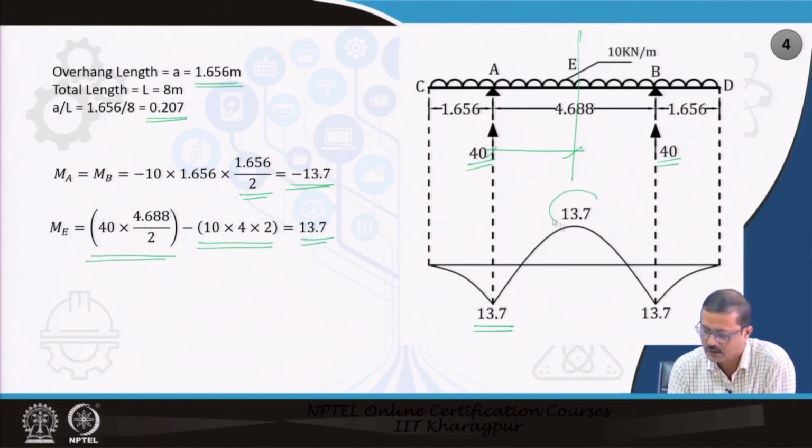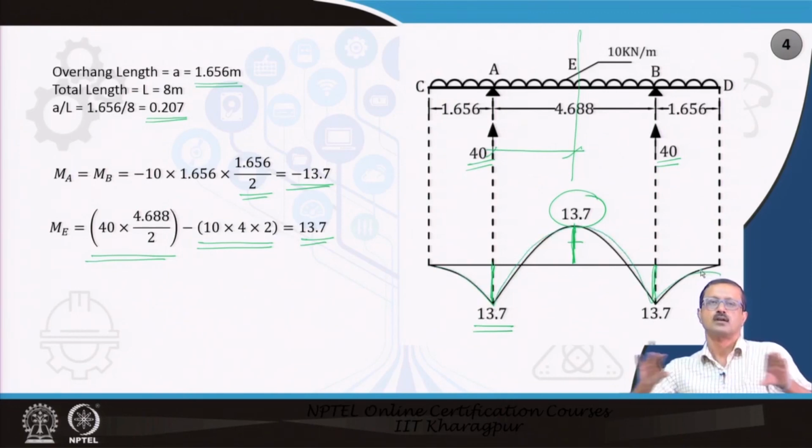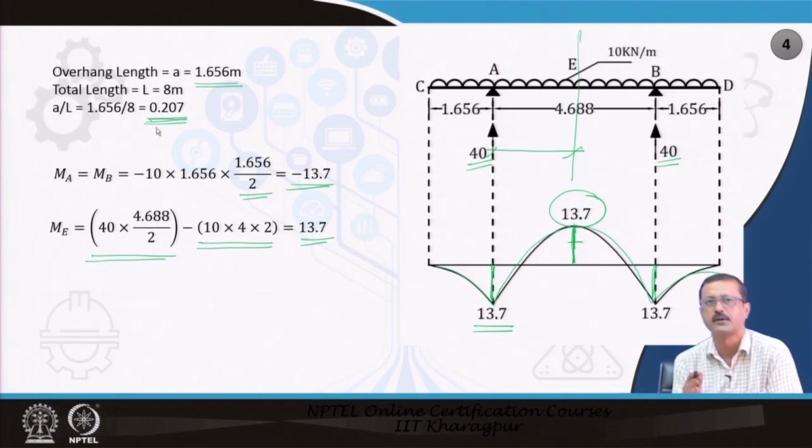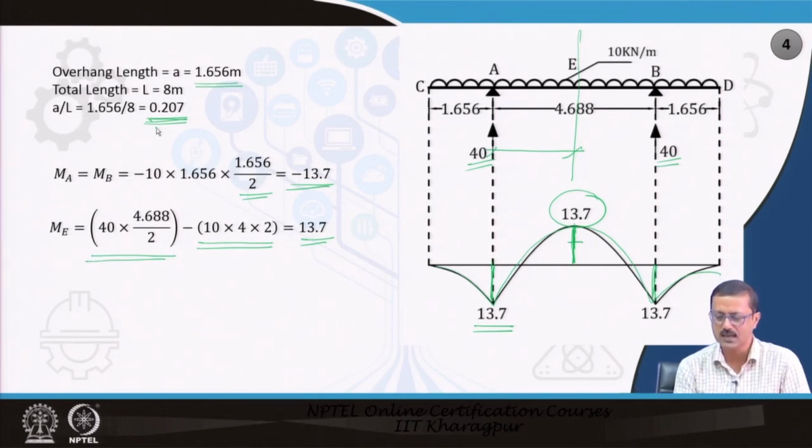So, what happened? The highest positive bending moment and the highest negative bending moment are now equal. So, it is a very symmetrical kind of case where you can have a very similar kind of reinforcement, which we will discuss in future. If the overhang is 0.207, almost 20% of the total length of the beam, then you will get some benefit.